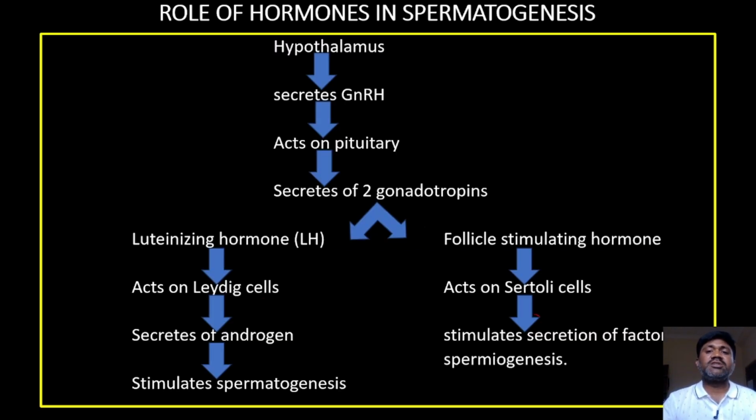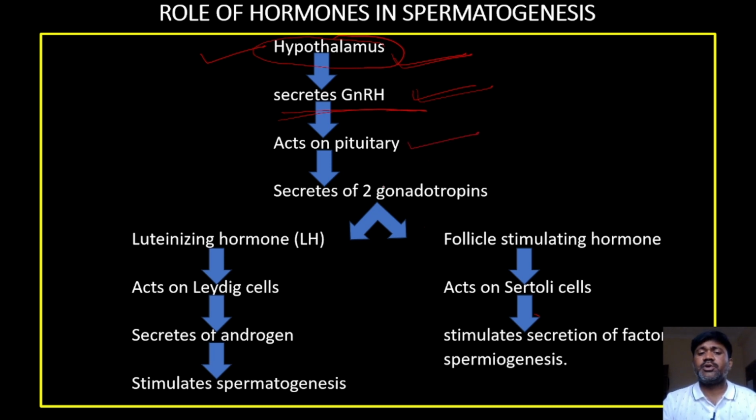In this spermatogenesis process, what is the role of hormones? Let us try to understand. The hypothalamus is there in the brain. This hypothalamus secretes gonadotropin releasing hormone, GnRH. This GnRH acts on the pituitary.